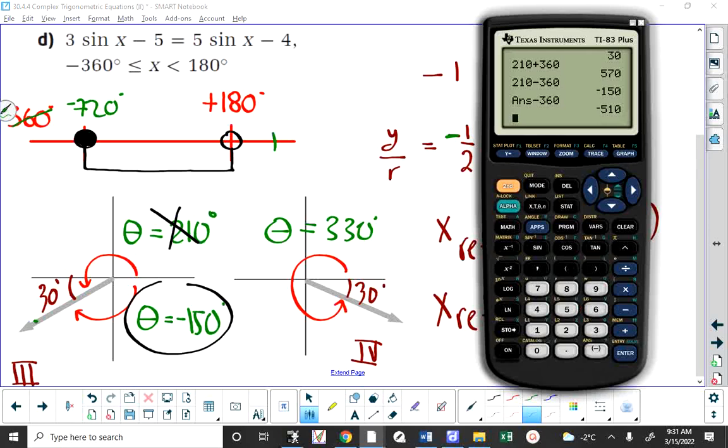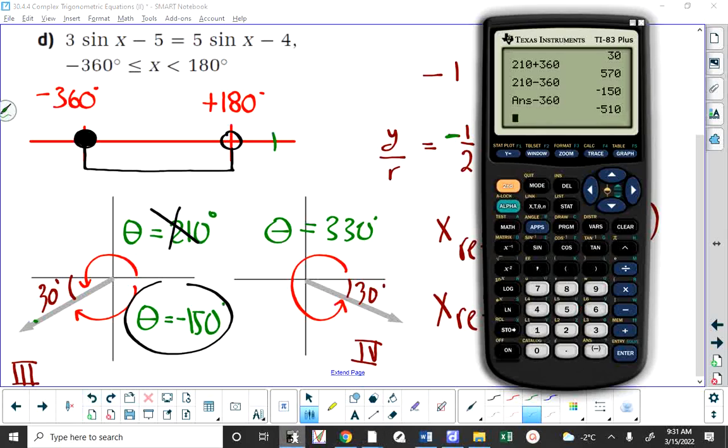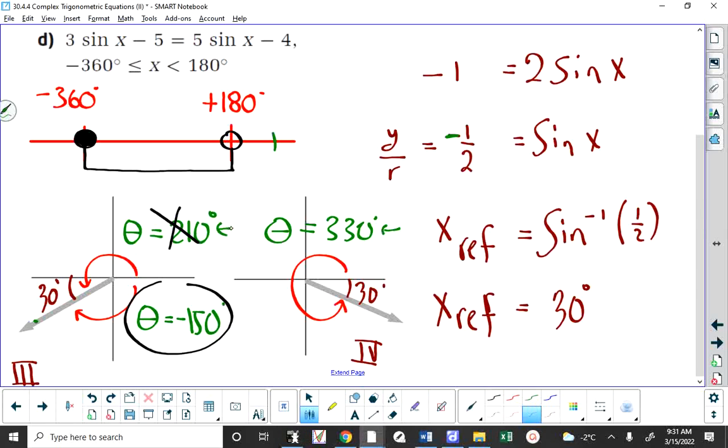Then this number would also be in the domain. So what we're doing, if I can summarize this, I'll get back to what it really was, is you're taking this angle and this angle, the ones that you found and you would normally find, and you're adding or subtracting full revolutions to get any angles that are in that domain.